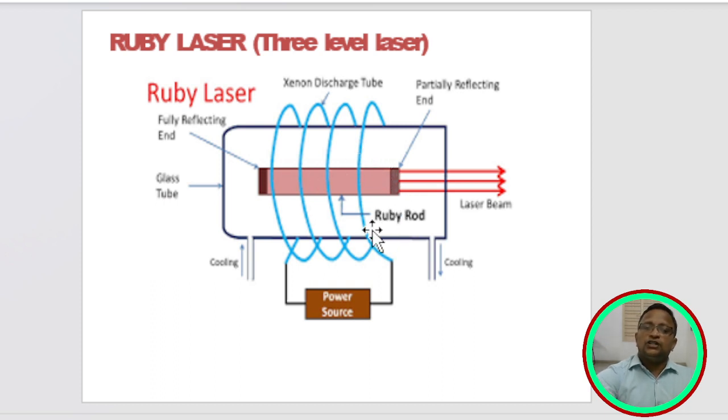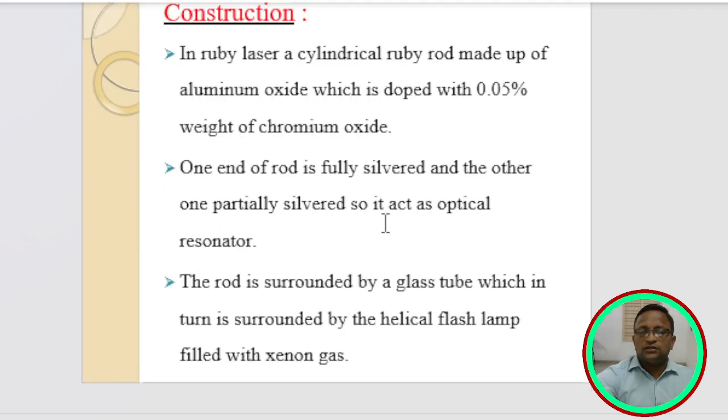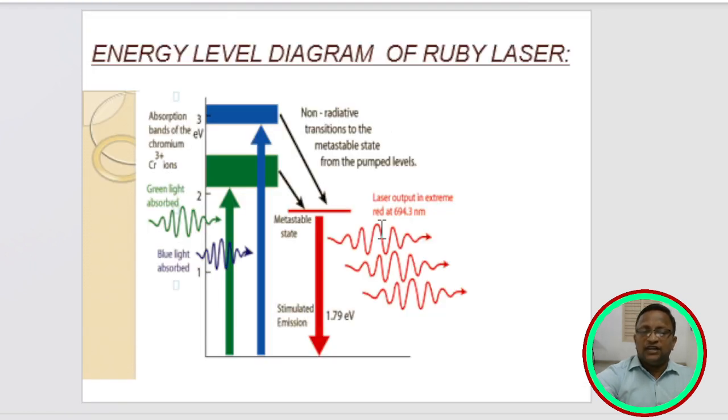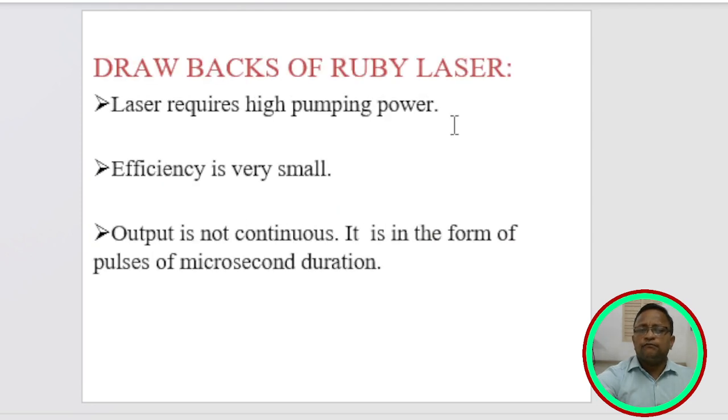That's why the switch on and off process is followed. Due to these reasons, we cannot produce a continuous beam of laser light by using ruby lasers.